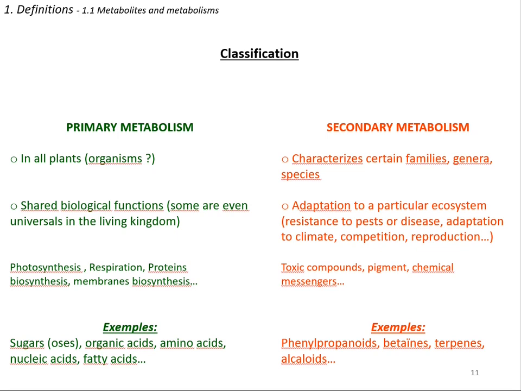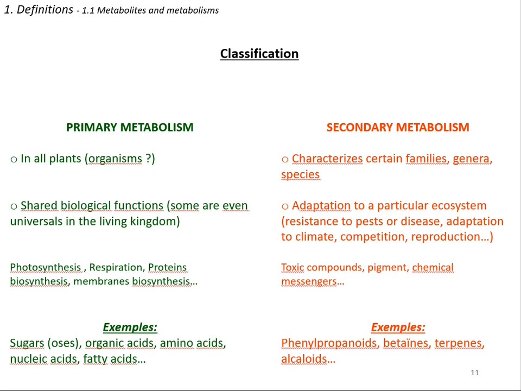Then comes the secondary metabolism. It characterizes certain families, genera, or species. By definition, we don't find them in every living organism or in every plant. They are associated to a particular genotype. And the main goal of these metabolisms is to adapt to a particular ecosystem, to resist a given pest or disease.